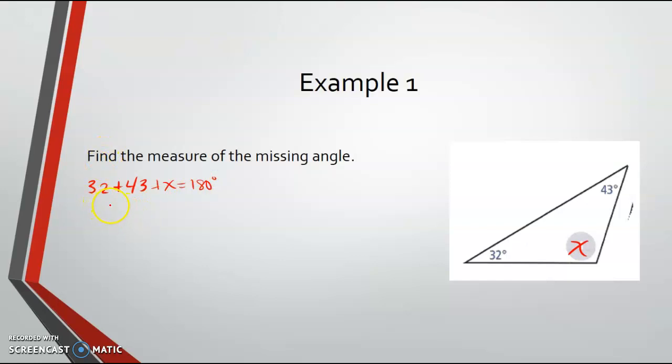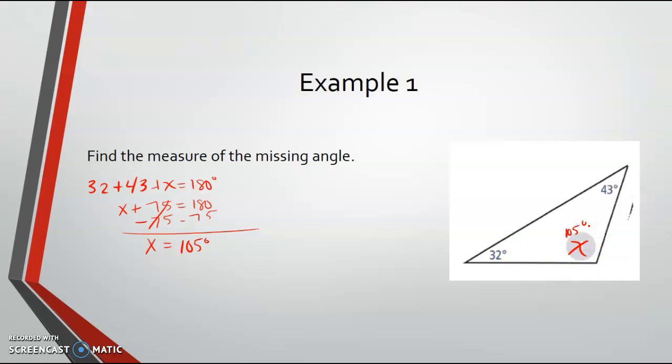So I'm going to get x plus 75 equals 180. And then to solve for x, I'm going to subtract 75 from both sides. So then x will equal 180 minus 75, which is 105. So this angle right here is 105 degrees.